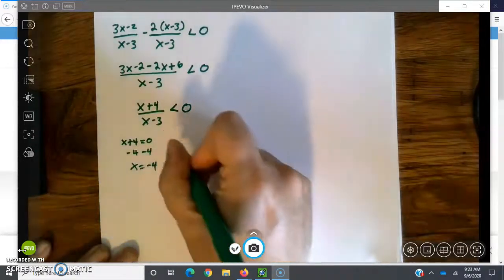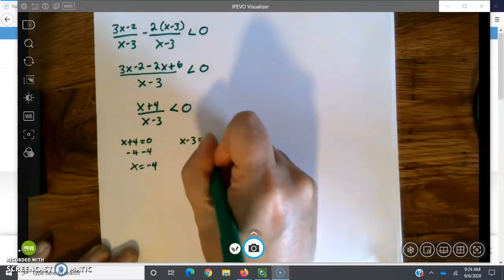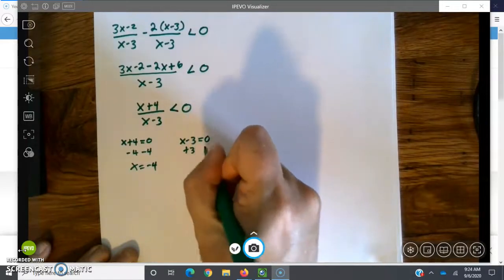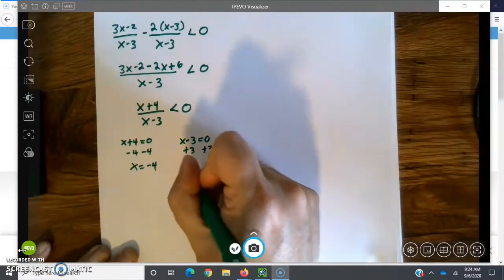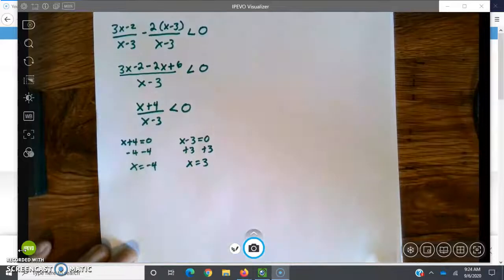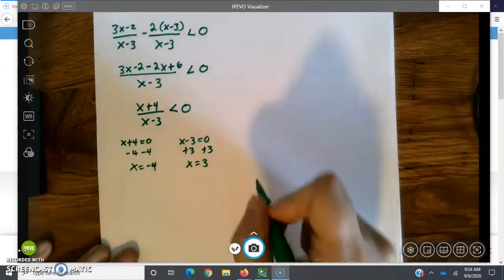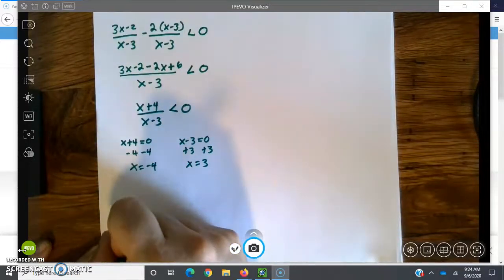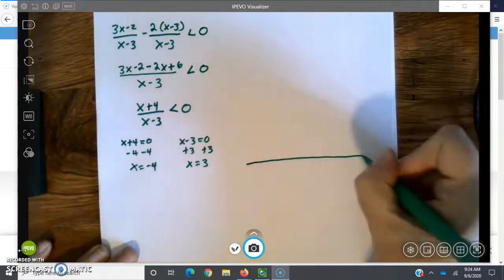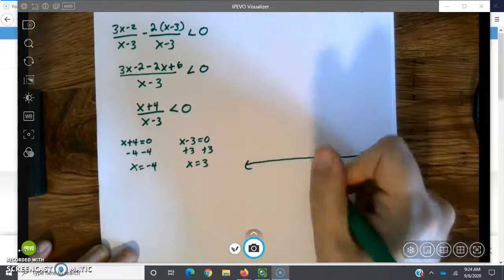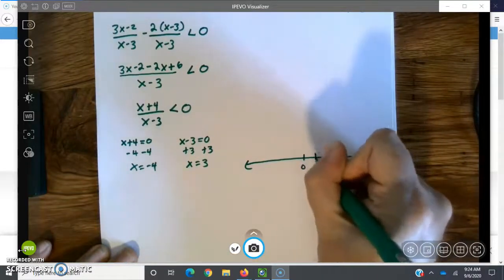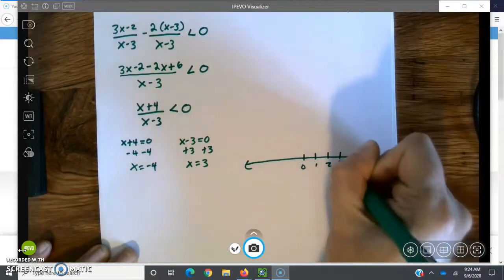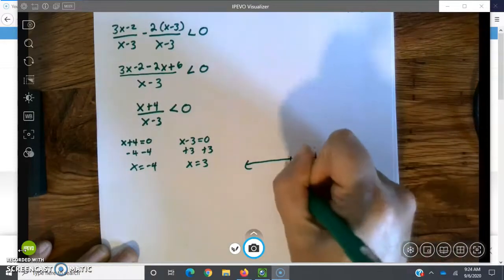We look at our denominator, set that to 0, and we get 3. So the points we want to check, if we put them on a number line, make it a number line. Alright, negative 4 and 3.